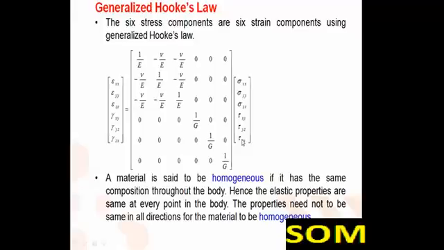A material is said to be homogeneous if it has the same composition throughout the body. Hence the elastic properties are the same at every point in the body. But in case of an isotropic material, the material properties are the same in all directions. In case of homogeneous, it is not the case.